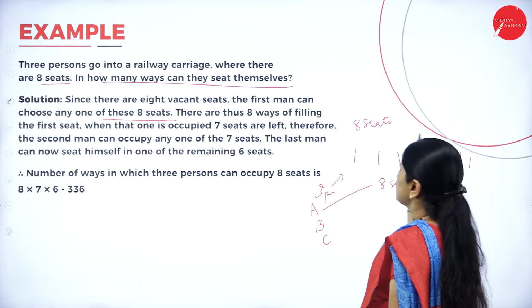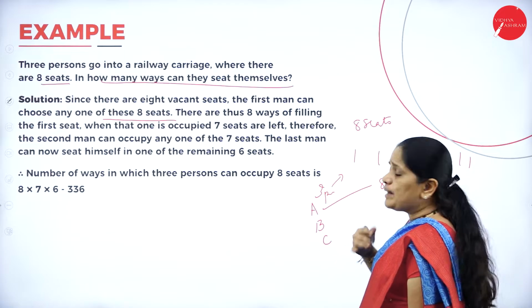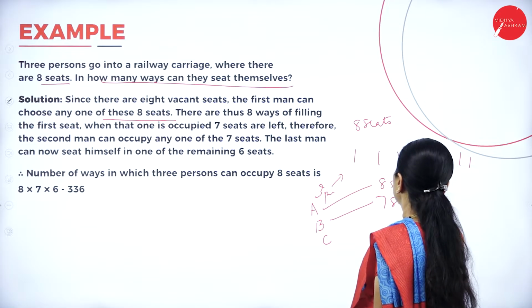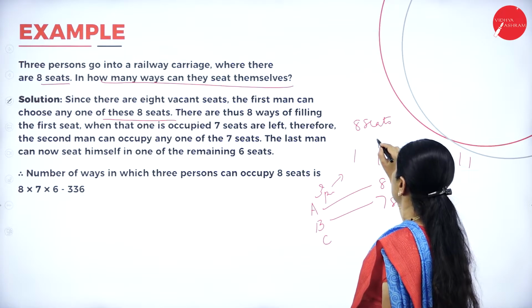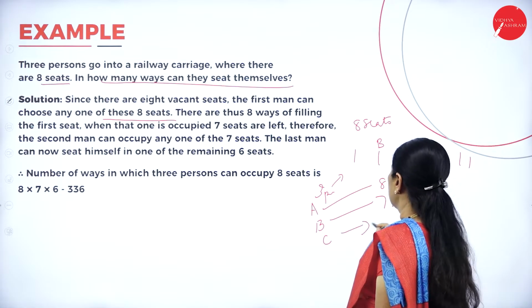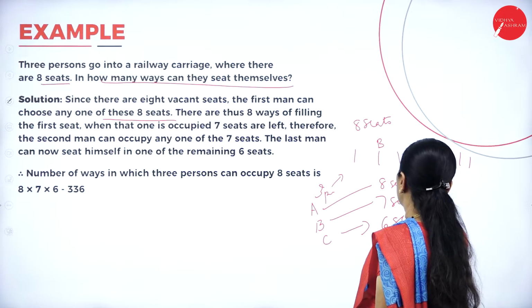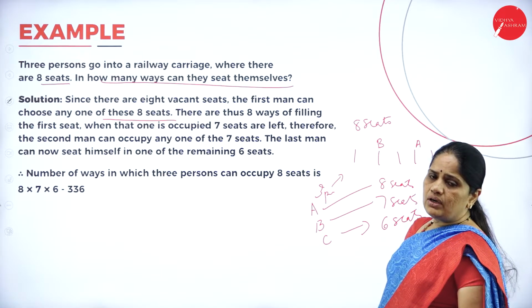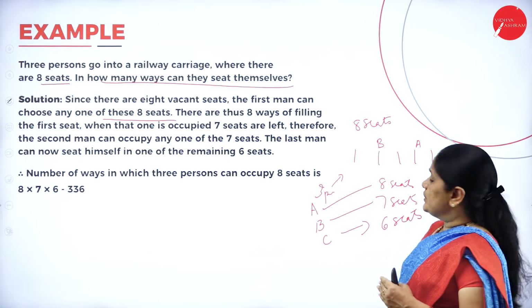Suppose A sits here. Then, the number of seats left for B will be 7. So, B can choose any of the 7 seats, and he will sit here. Then, C can choose from any of the 6 seats. So, C will say, I will sit here. So, the choices keep on reducing.